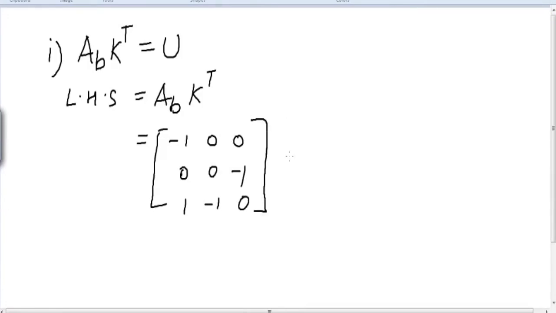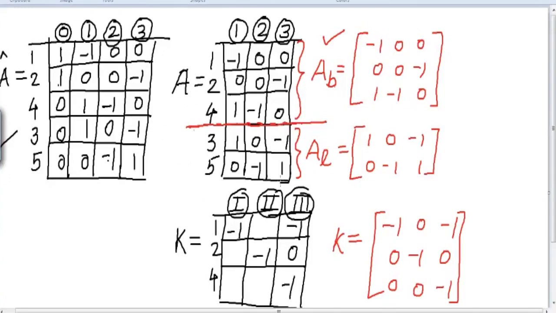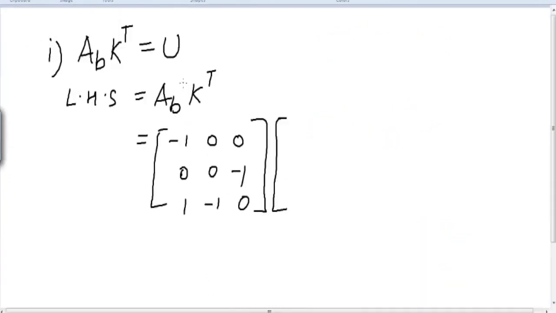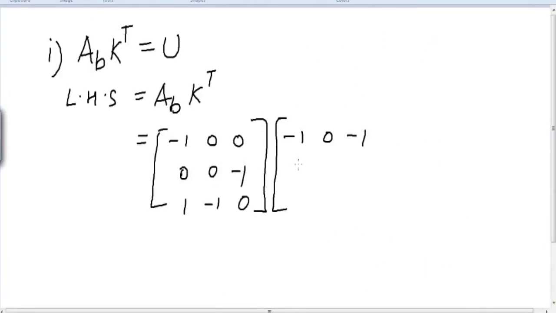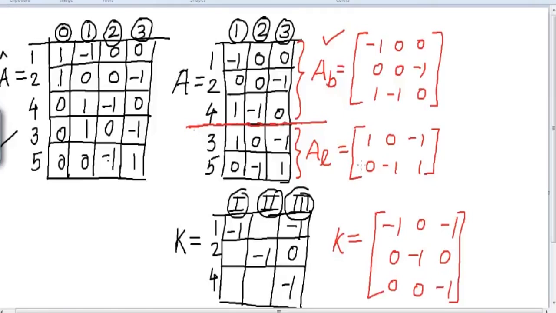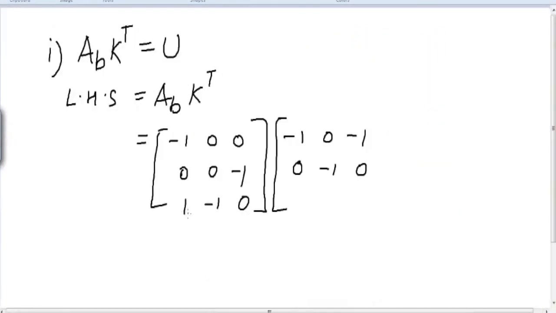Then I have K transpose available with me. What is K transpose? -1, 0, -1, then 0, -1, 0, and the last row is 0, 0, -1.